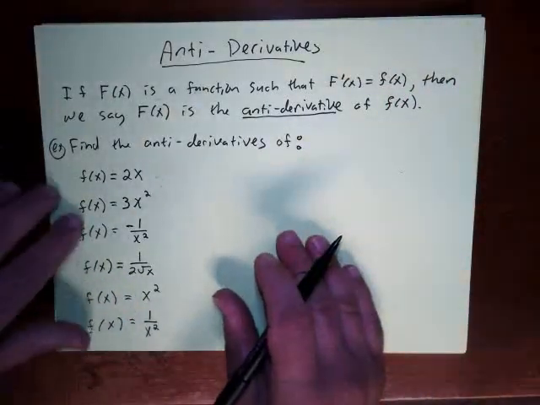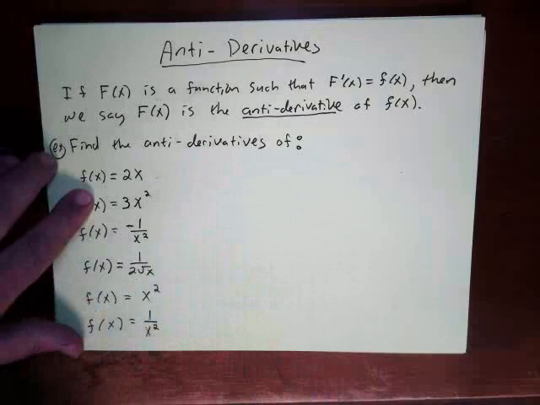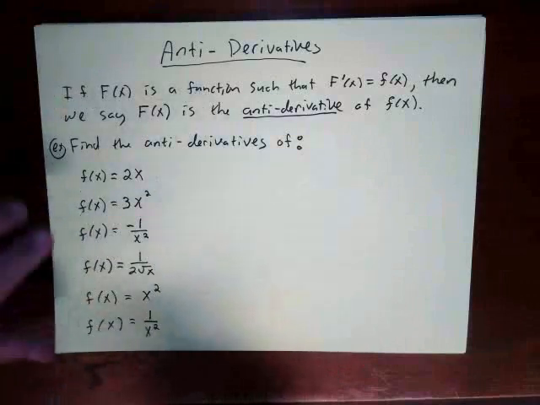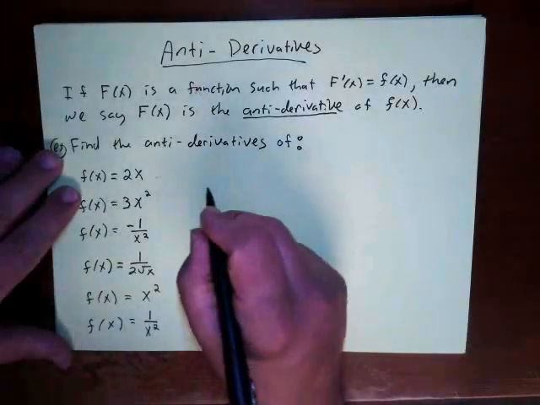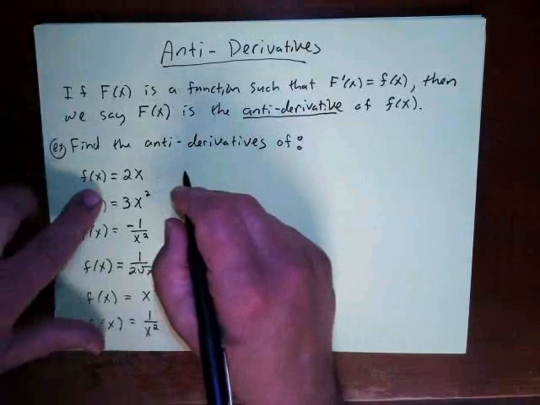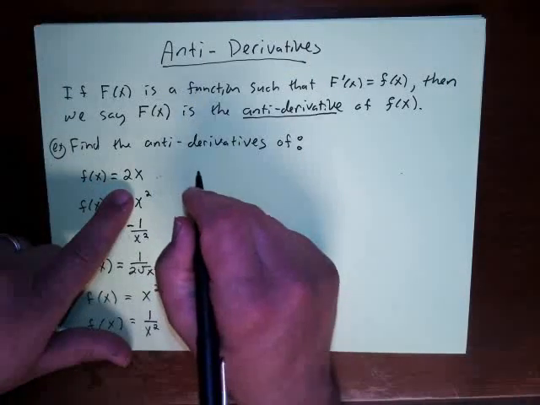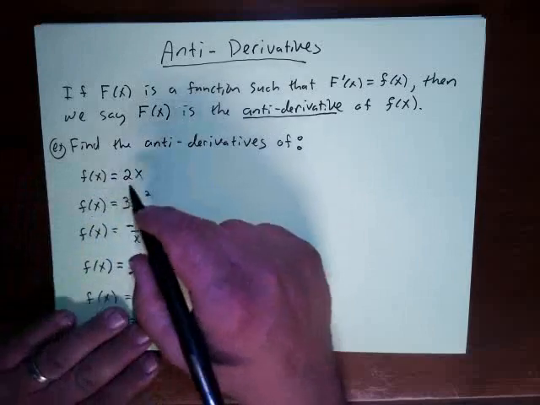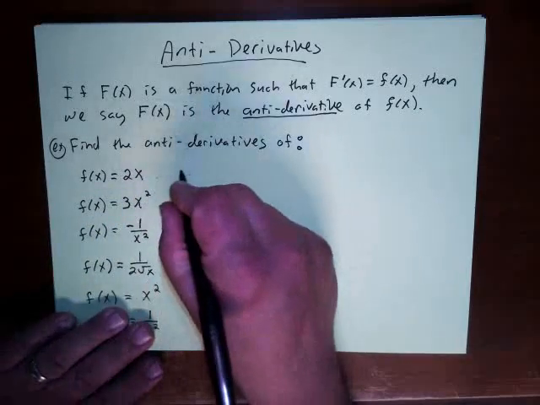Okay, so we've got some little f of x here, and it wants us to find the antiderivative. At this point there's really no technique or anything here. We just have to think backwards. So the function 2x, can you think of a function that when I take its derivative I get 2x?